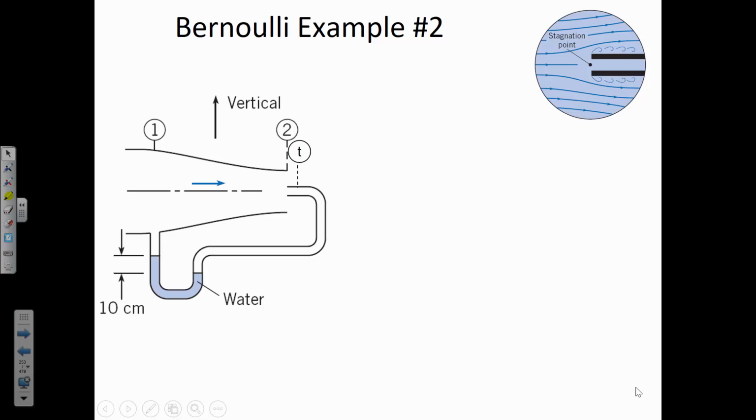So in other words, we could rearrange this equation to make it in terms of P1 plus density V1 squared divided by 2 is equal to P sub T. Okay, so we could rearrange that to be PT minus P1 is equal to density times velocity at 1 squared divided by 2.